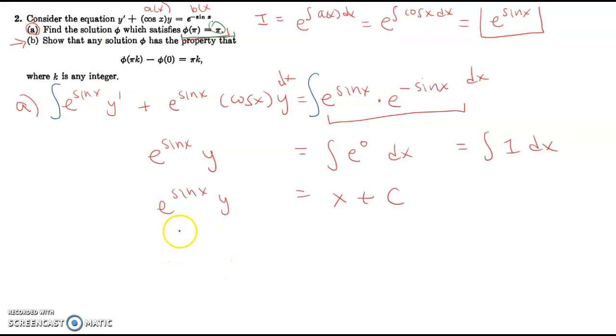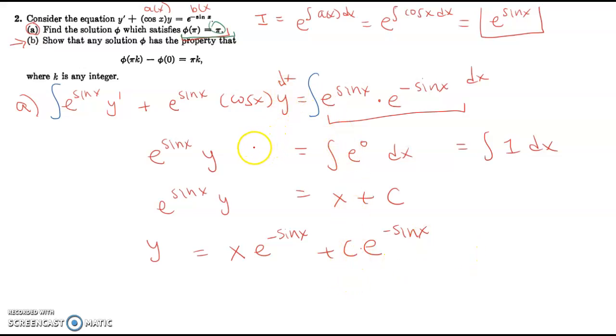Okay, and let's divide both sides by e to the power of sine x to get y by itself. So we have y equals x times e to the power of negative sine x plus c times e to the power of negative sine x, where c is any constant.